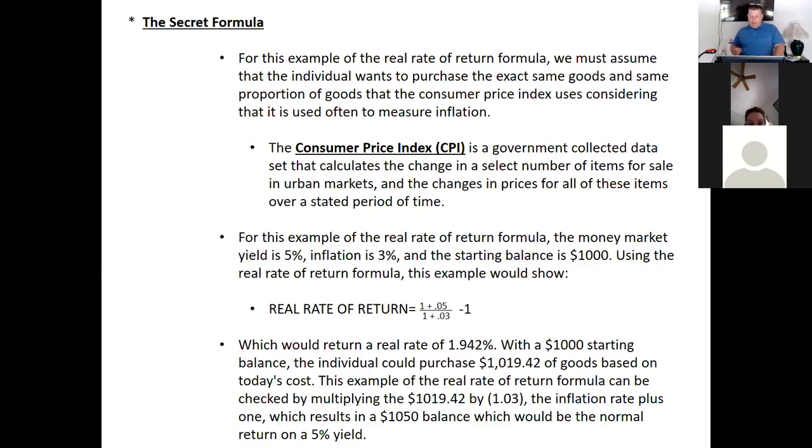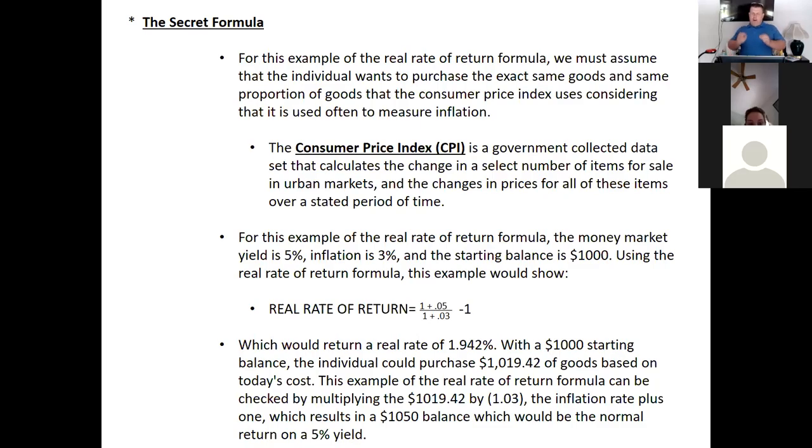So with a $1,000 starting balance, the individual could purchase $1,019.42 worth of goods based on today's cost. And this example can be checked by multiplying the 1,019.42 by 1.03, the inflation rate plus 1, which results in a $1,050 balance, which would be the normal return on a 5% yield.